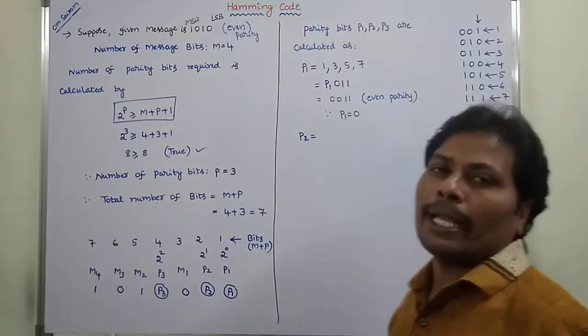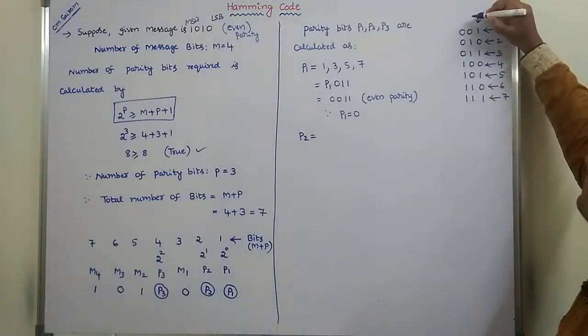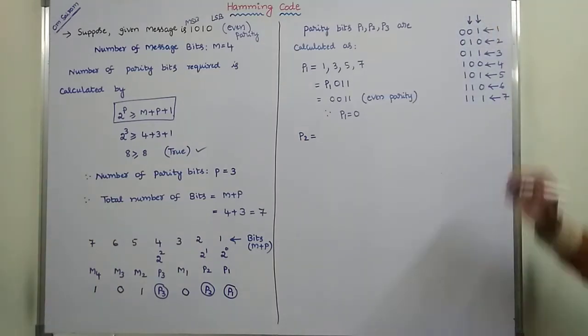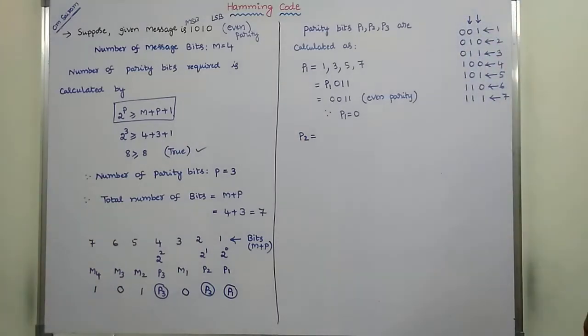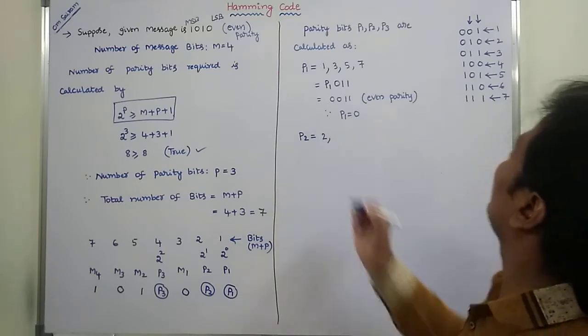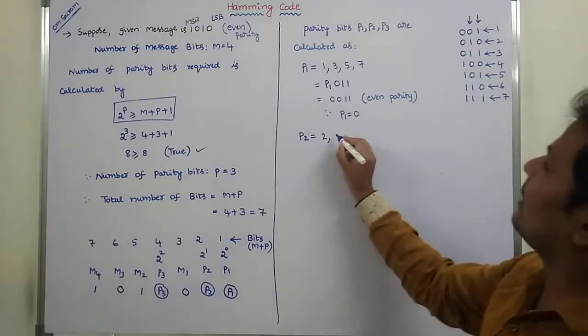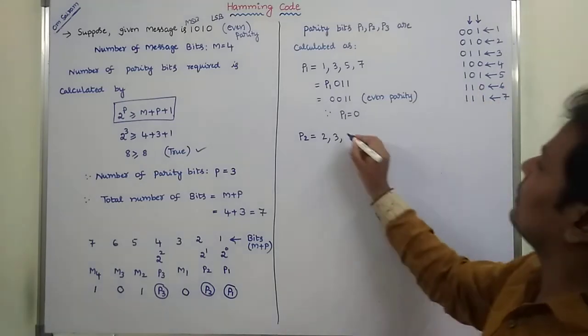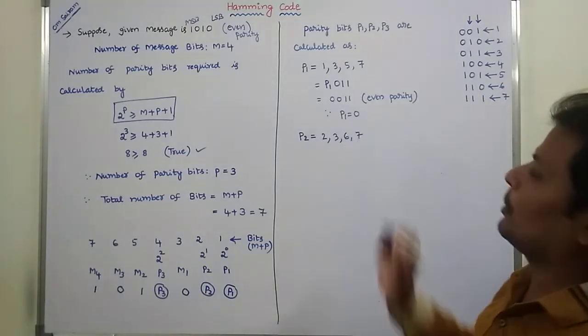P2 is equal to, now consider the next column. After the LSB column, next we have to consider this column where the ones are there. The one is there at second position, next third position, next sixth position and seventh position.